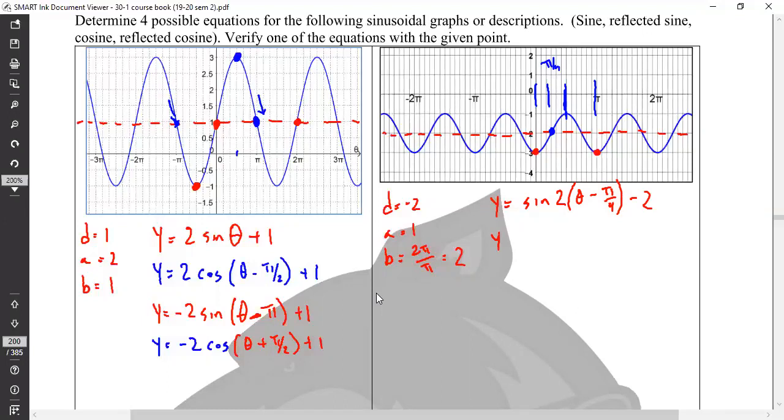Cos is just 1. So cosine of, what do we have for cos? Where do we have a start point? Start point for cosine is at a maximum. So theta minus pi over 2.